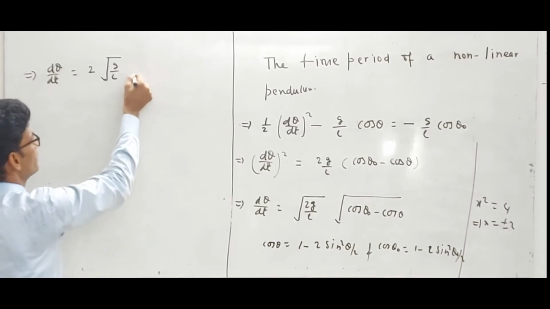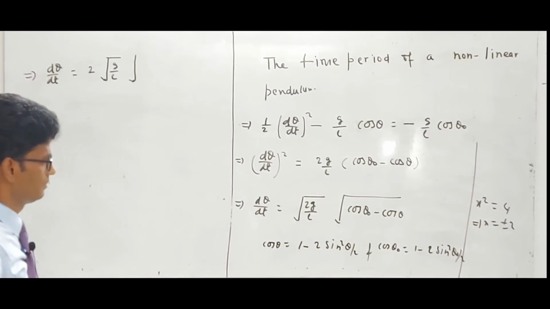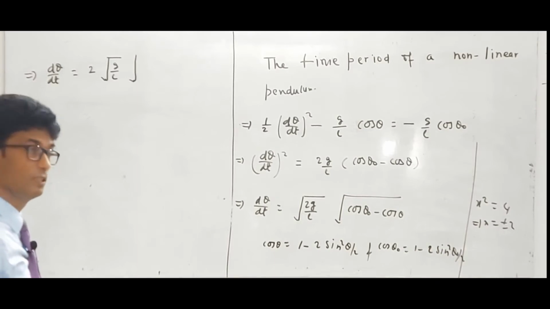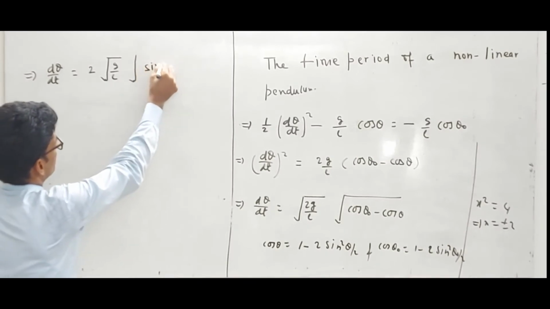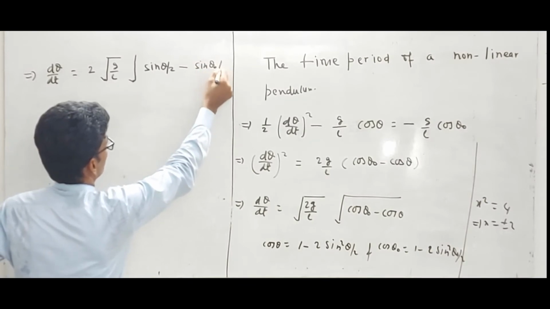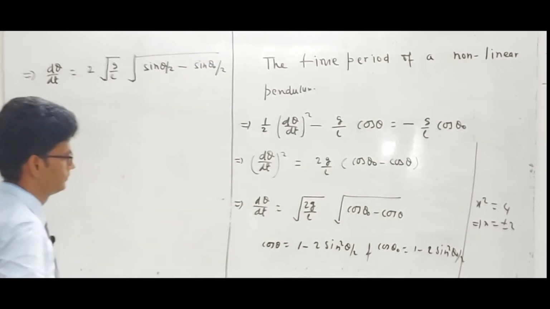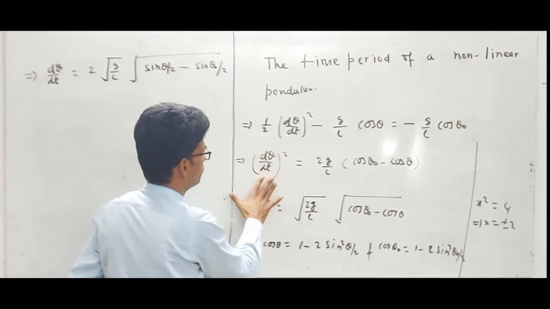So now this becomes sin square theta naught by 2 minus sin square theta by 2. After putting that, you are also able to do that. Look at the simplification there. So here d theta by dt is in this way.